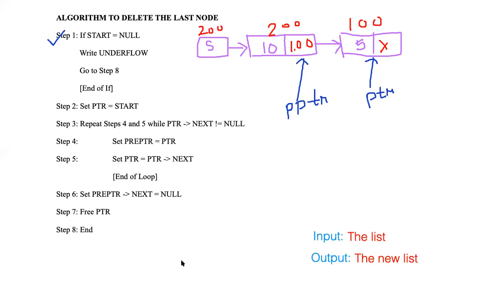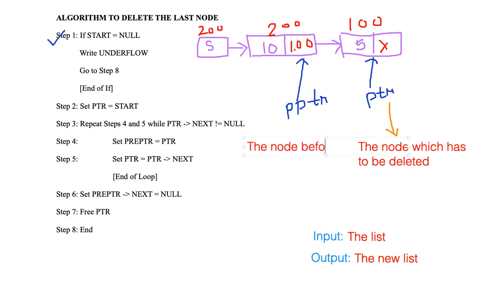So you see that PTR is pointing to the node which has to be deleted, while PPTR is pointing to the node before the last node.